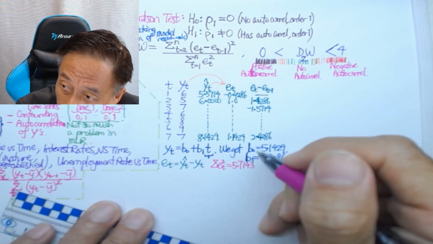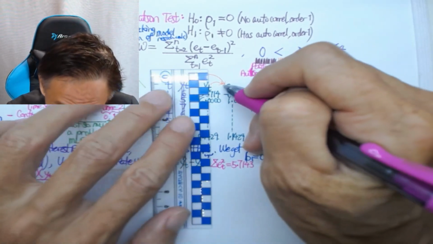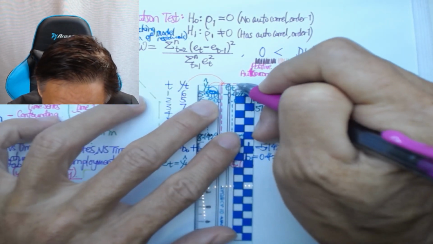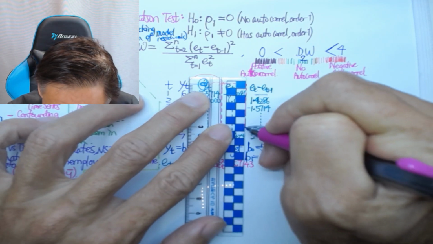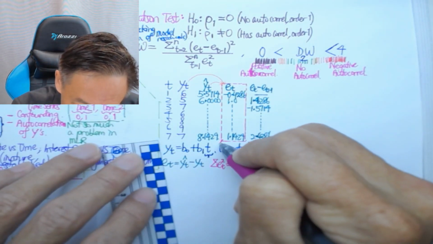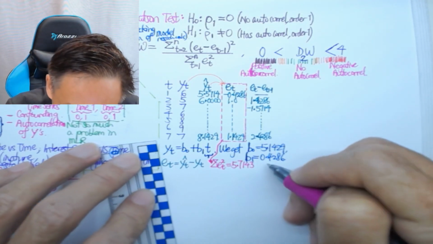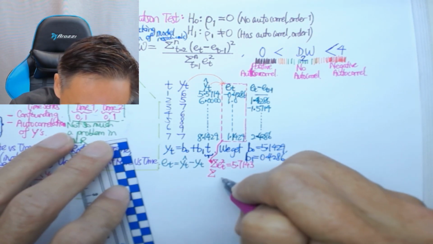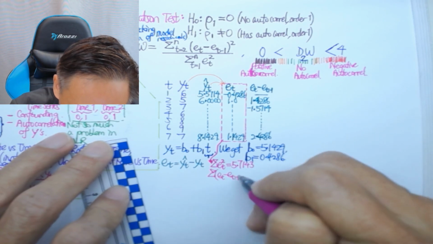Then the sum of squares of this. So let's do that. This one goes to this guy over here. And we have sum of squares of E t minus 1.